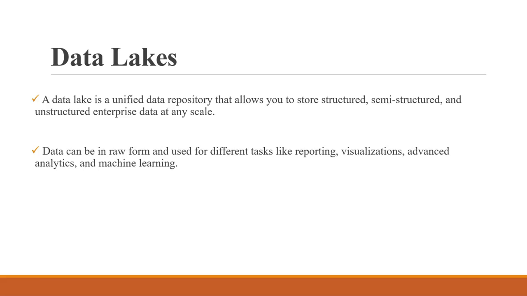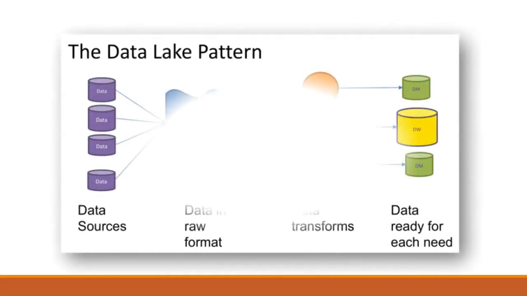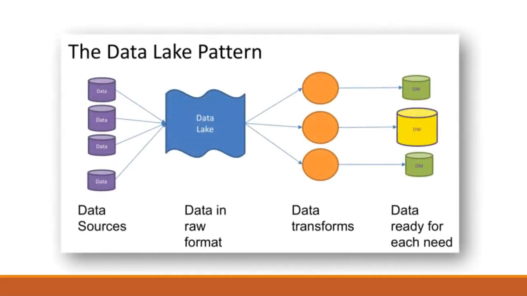Data can be in raw form and used for different tasks like reporting, visualizations, advanced analytics, and machine learning. In this diagram, the data lake pattern is represented: first of all, the data is in raw format and it transforms to the segregated formats for each need of data.